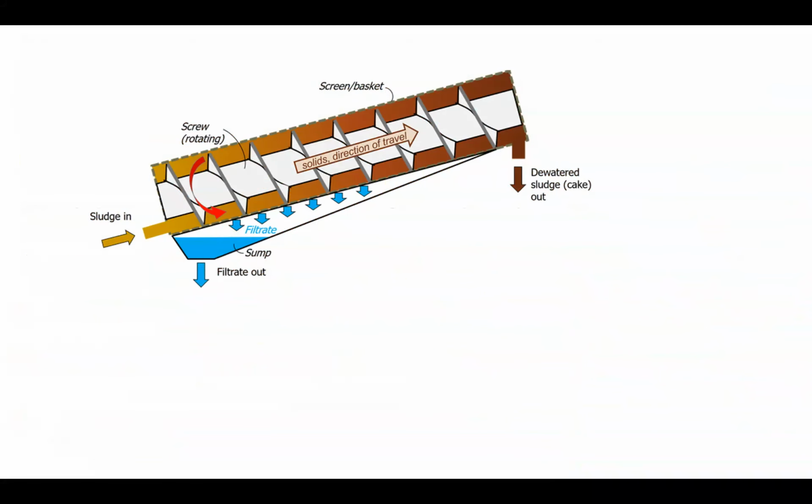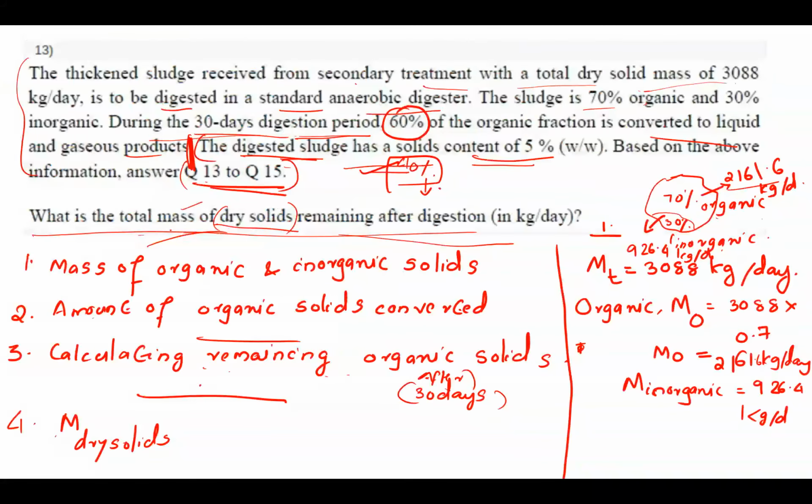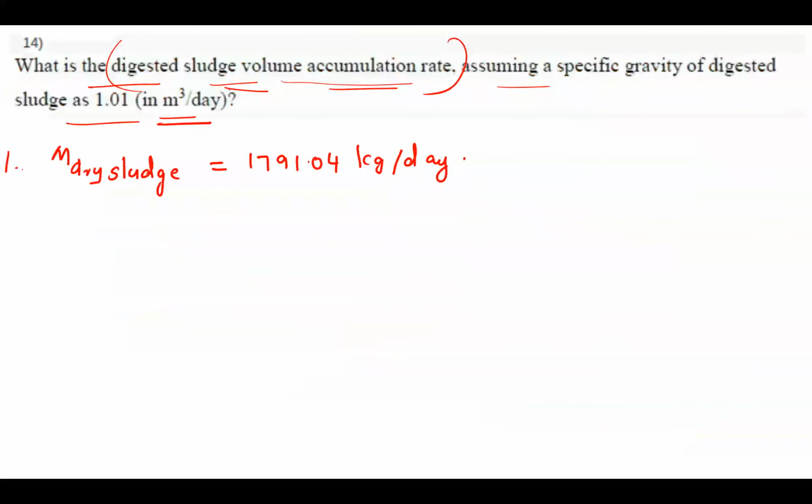Digested sludge has a solid content of 5 percentage. So here we have to write the statement. That means the digested sludge has 5 percentage solid content.